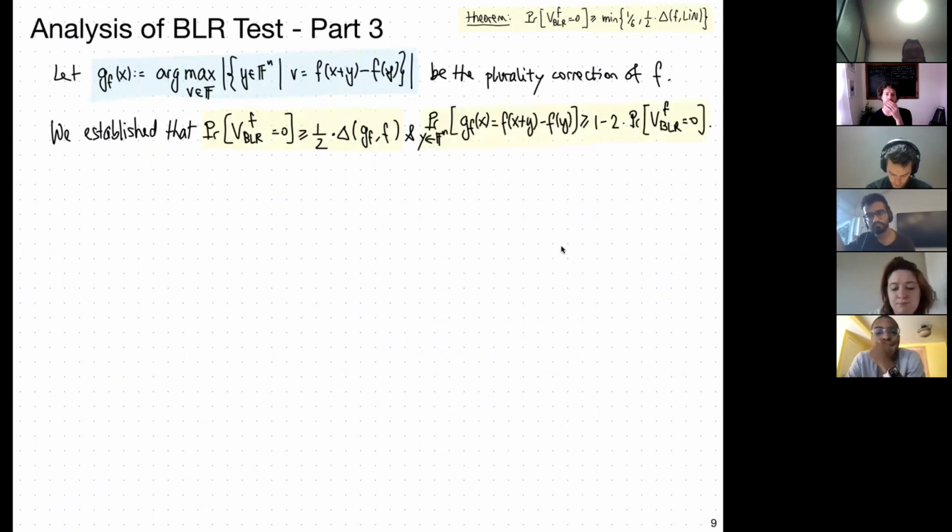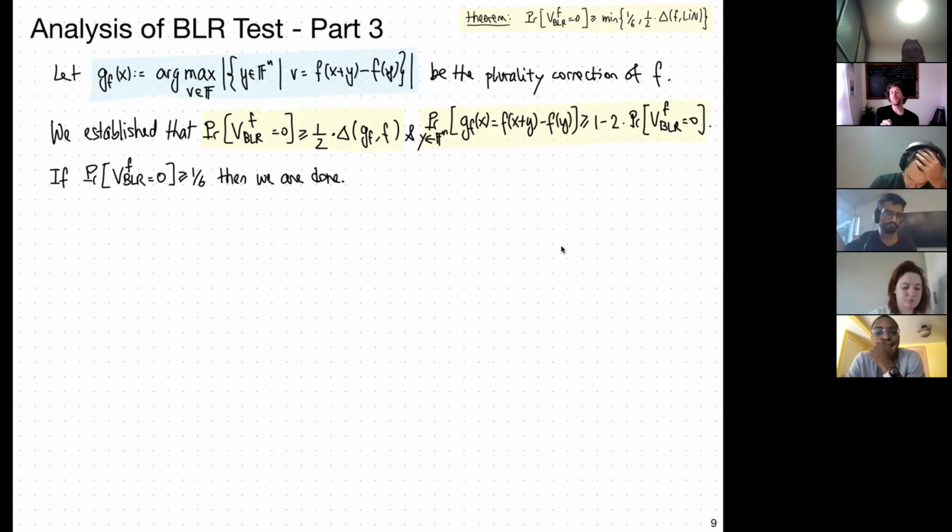And we also show that the number of linear constraints, the number of triangles, that this function satisfies is 1 minus 2 times the rejection probability, something that will later be 2/3. So the plurality vote is in fact a vast majority vote.